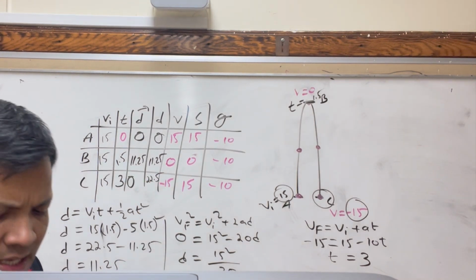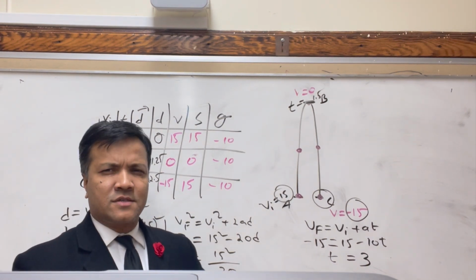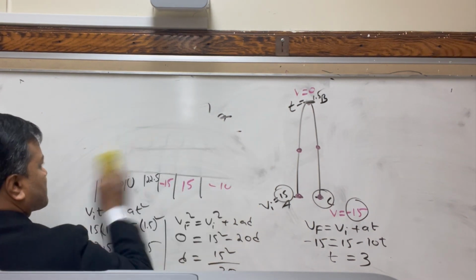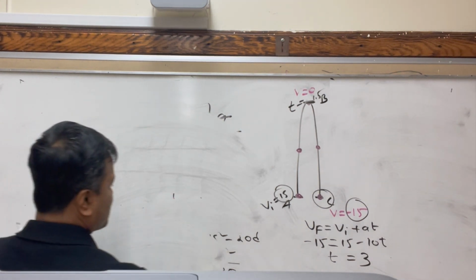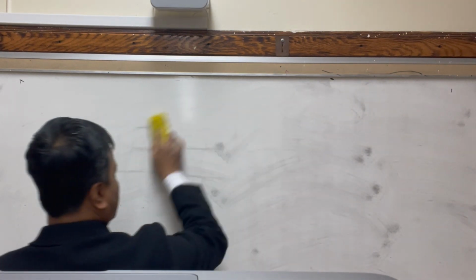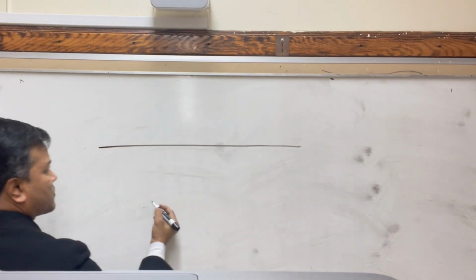Done. Now I'm going to go over problem number 1 on the test. This is a reward for you to stay half an hour. So, two cars on the road.